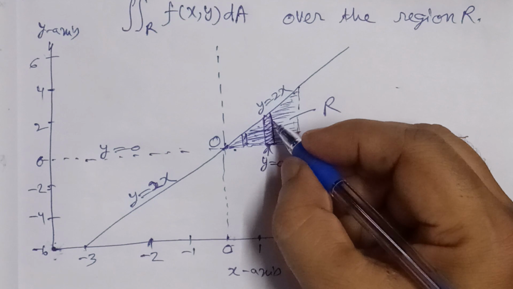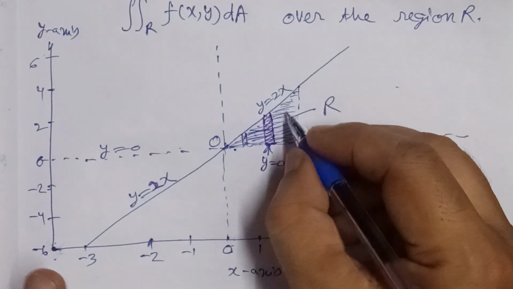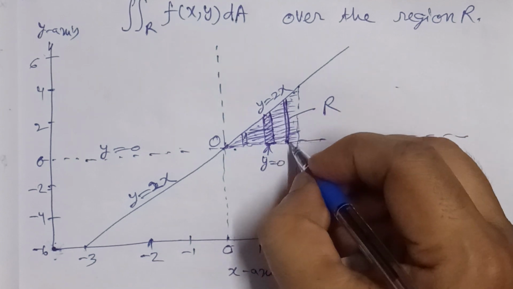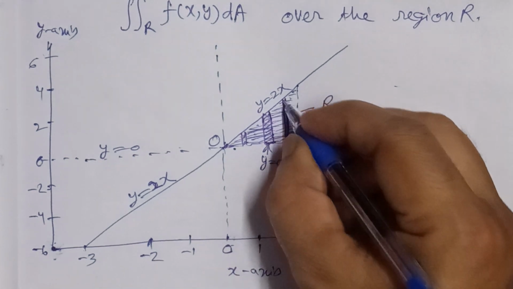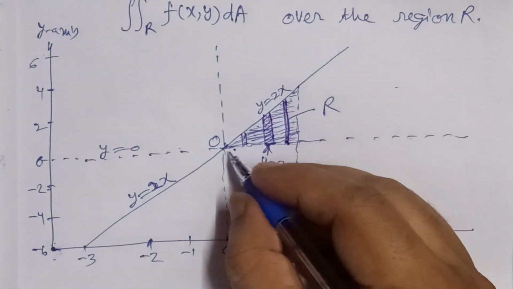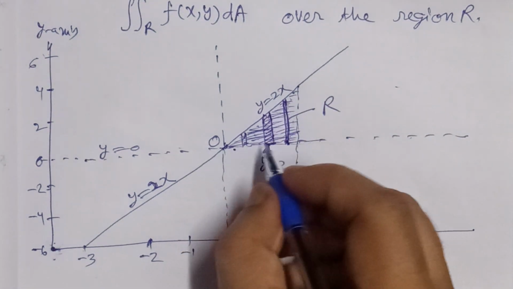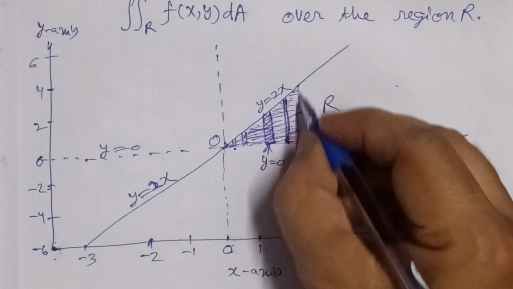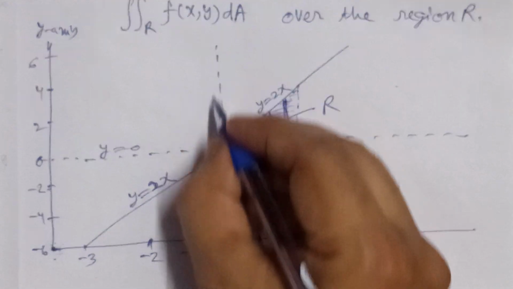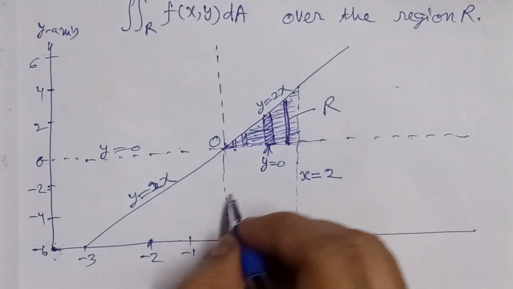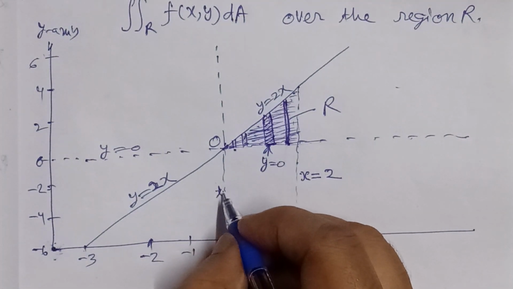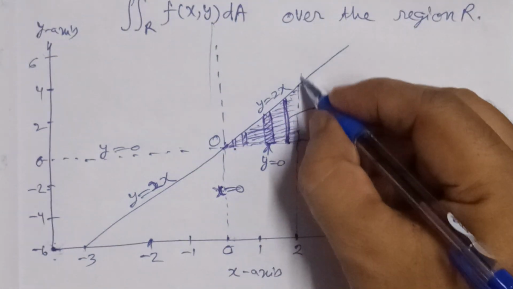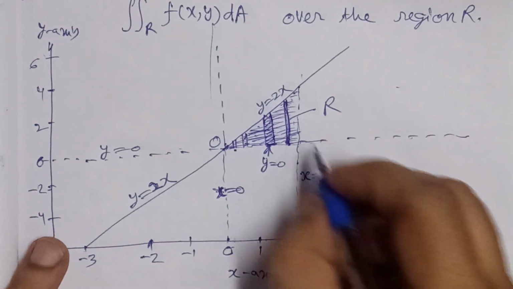So this applies for all strips. All strips start with y equal to 0 and end with this line. To cover this region, we have to draw strips from this line to this line. This line is the y axis, its equation is x equal to 0, and this equation is x equal to 2.